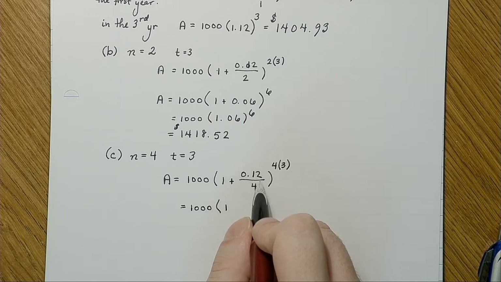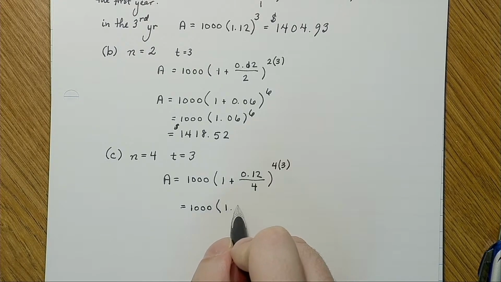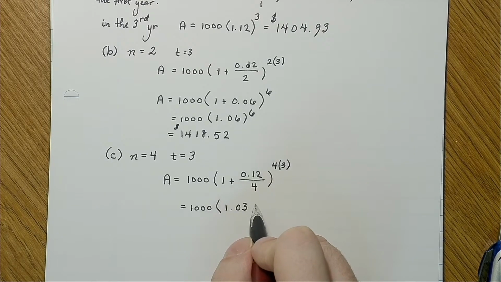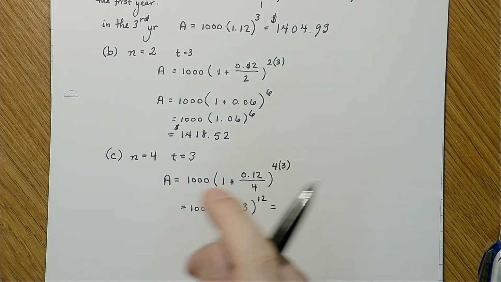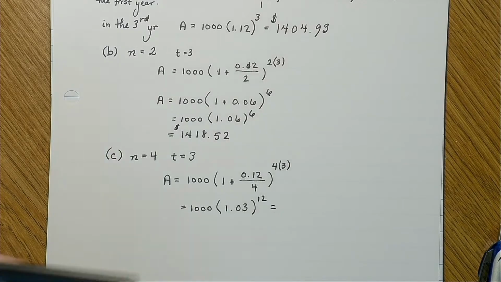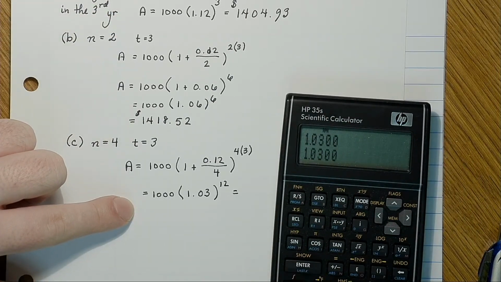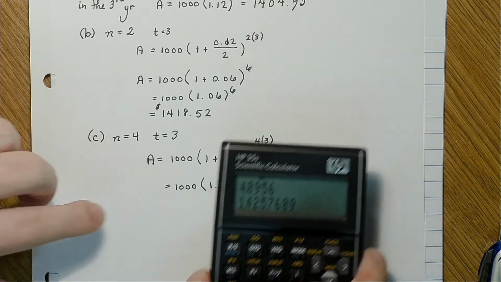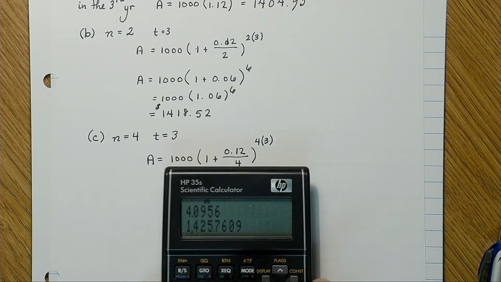So 0.12 divided by 4 gives me 0.03, so 1.03, and 4 times 3 is 12. I'll pull out the calculator again. 1.03 to the 12 multiplied by 1,000 gives me about 1,425.76.